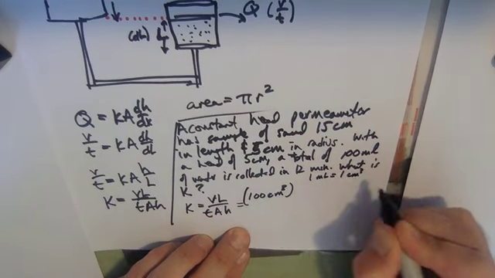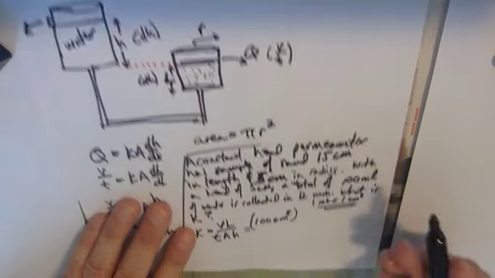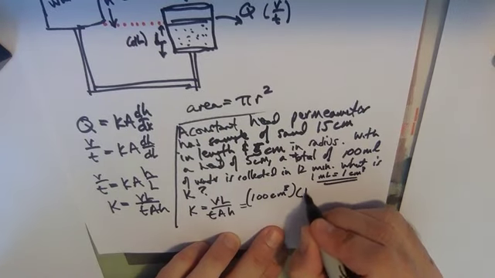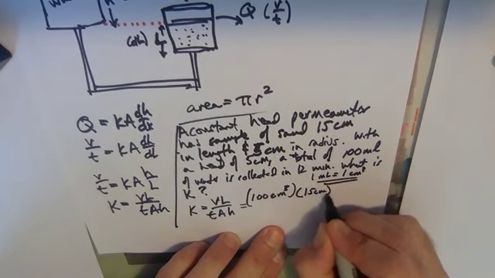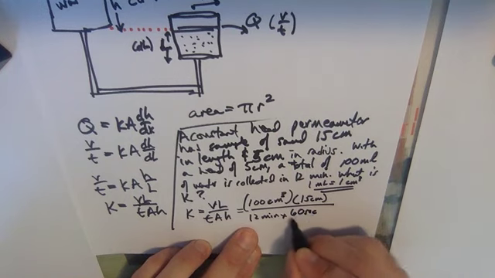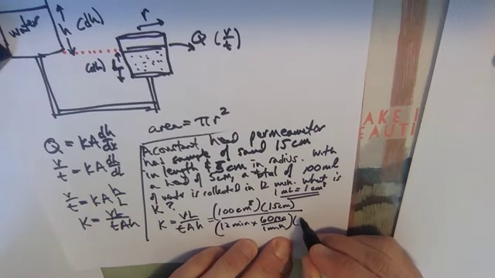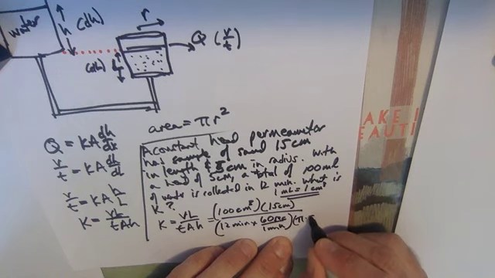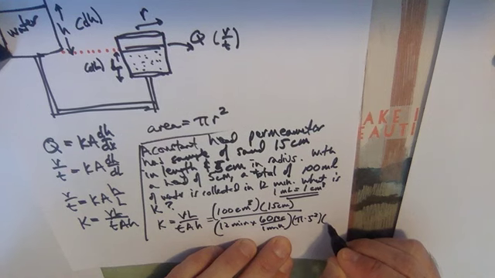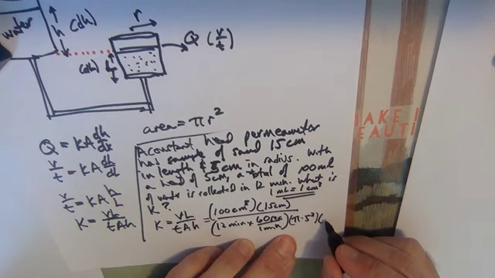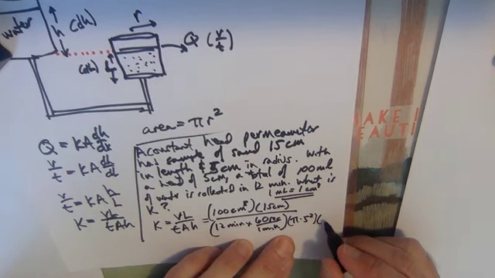So times the length, which is the height of the sample, that's 15 centimeters, over the time, which would be 12 minutes times 60 seconds per 1 minute. That'll give us the seconds down there. The cross-sectional area is pi times 5 squared, and the H is 5 centimeters.